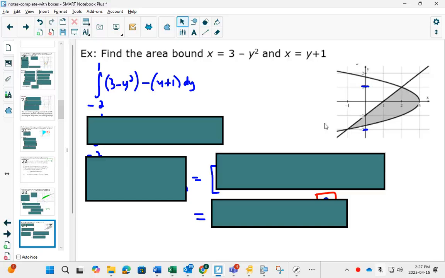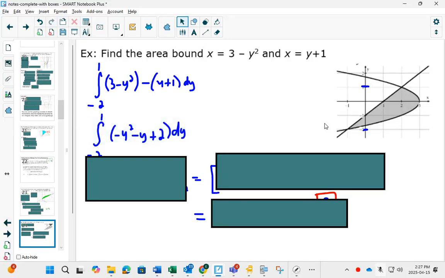And then the one on the right is the parabola. And the one on the left is the line.